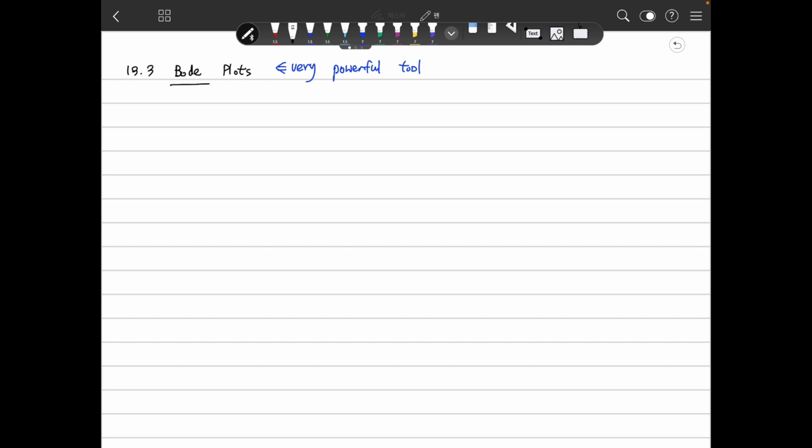The definition of the Bode plot is a log scale graph of frequency response.